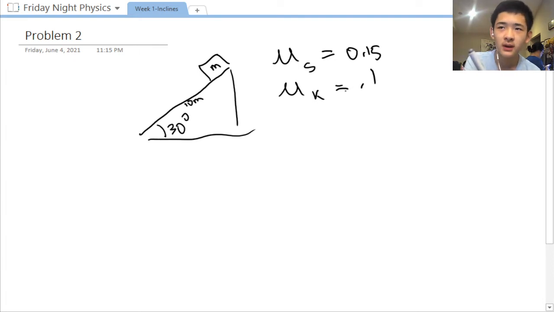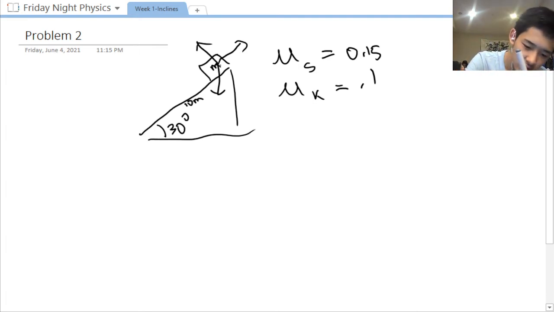So again, for this problem, you want to draw a free body diagram. So again, you have the force of gravity, you have the normal force, and you have the force of friction. So in this case, again, you split the gravity into its two components.